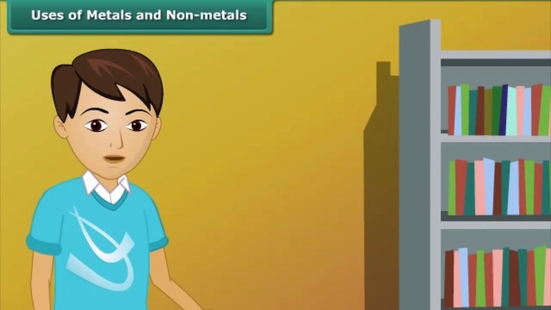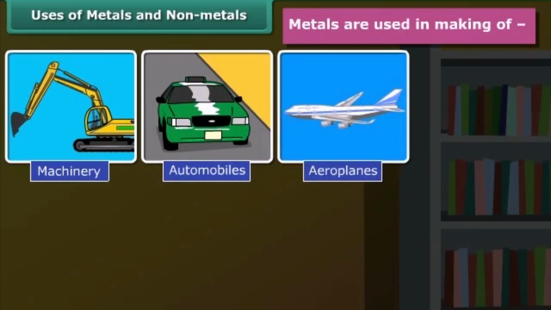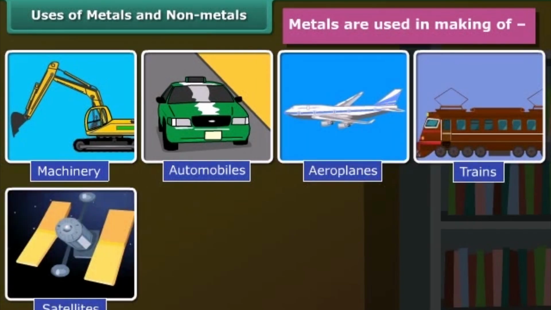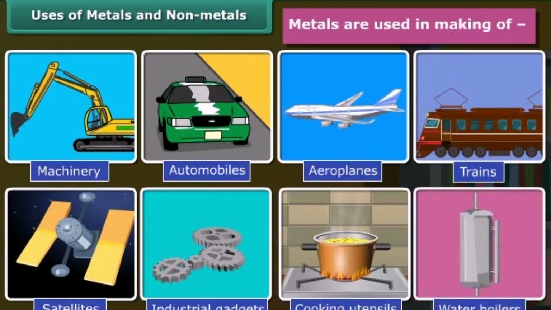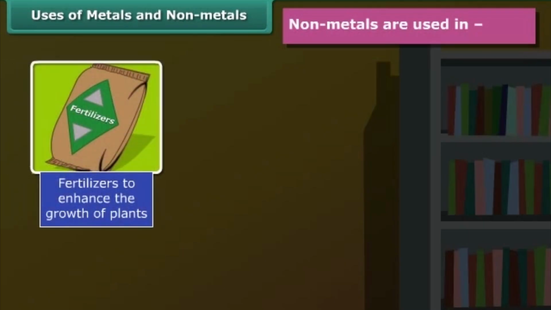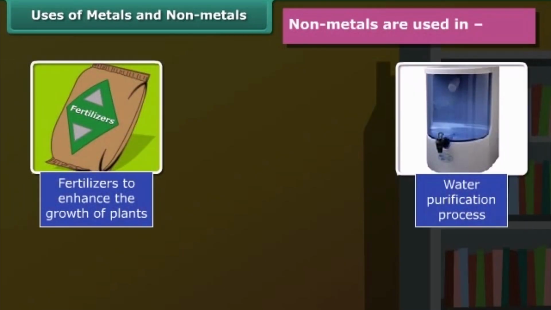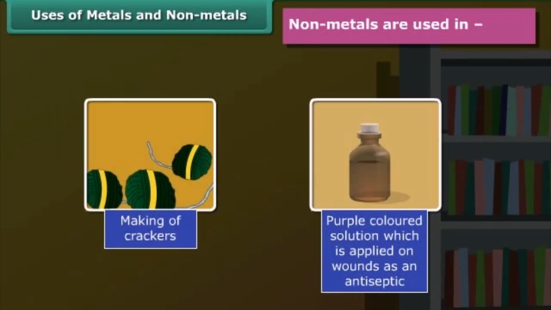As we know that metals are hard in nature, they are used in making machinery, automobiles, aeroplanes, trains, satellites, industrial gadgets, cooking utensils, water boilers, etc. Non-metals are not so hard, so they are used in fertilizers, water purification process, life-supporting air, crackers, and purple-colored solution as an antiseptic on wounds.